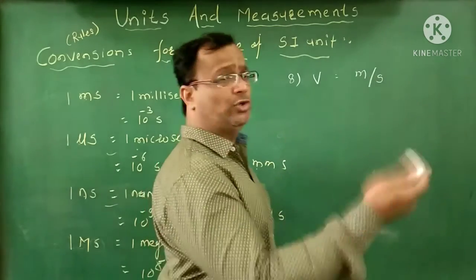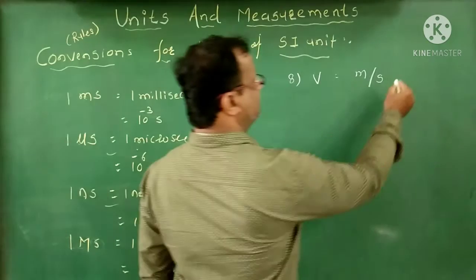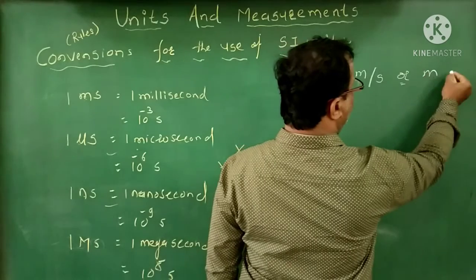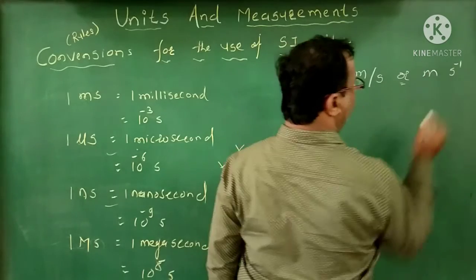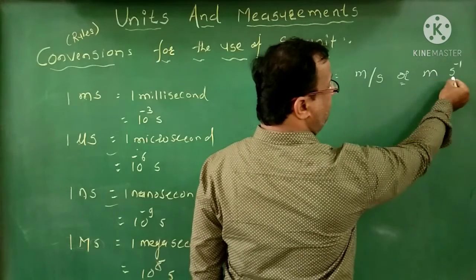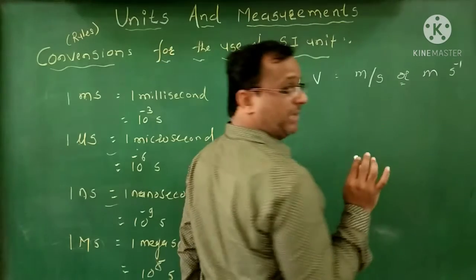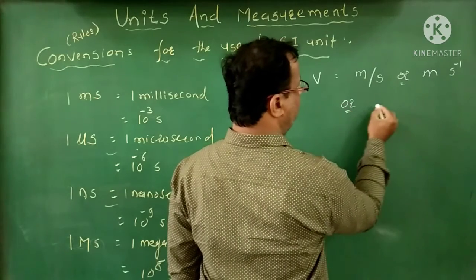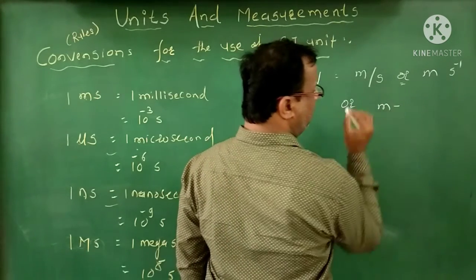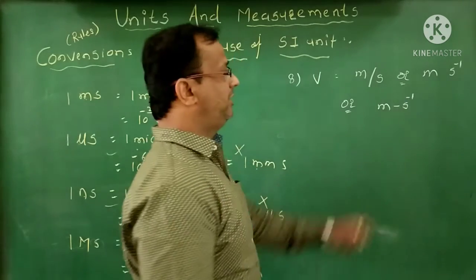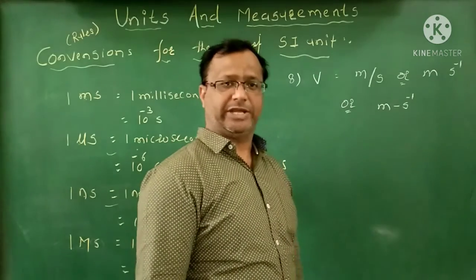It should be written as meter second, where in between these two symbols, meter and second, we give a space. Or it should be written as meter, then dash, second, that is meter per second.